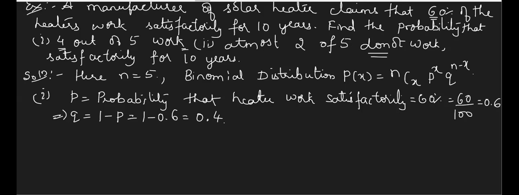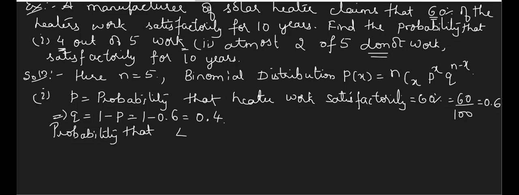Now come back to the part. In the first condition, we want that 4 out of 5. So is it exactly 4, less than 4, greater than 4? What do I have to take? It is exactly; no at least or at most is given.